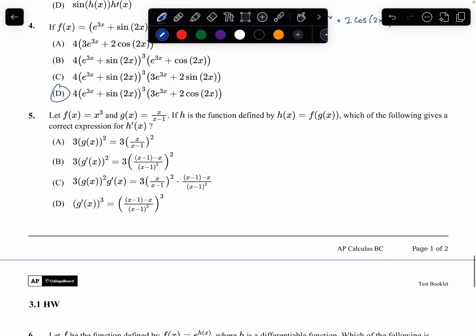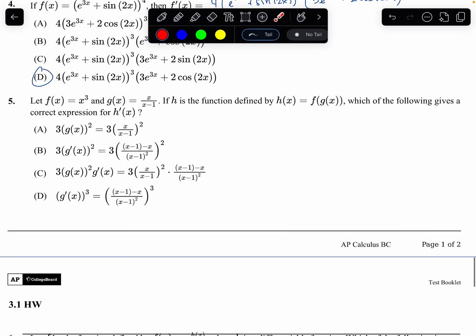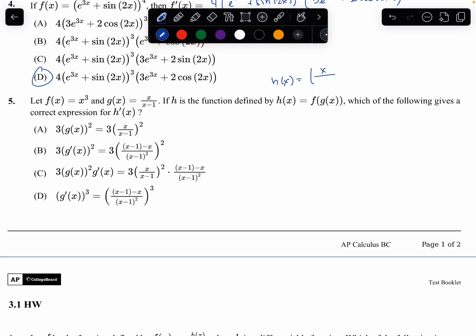For 5, we have x to the third. G of x is equal to x over x minus 1. If h is the function defined here, which of the following gives the correct expression? So I'm just going to define what h of x is. H of x is going to be equal to, so we're plugging in this part for x. So that becomes x over x minus 1 to the third.